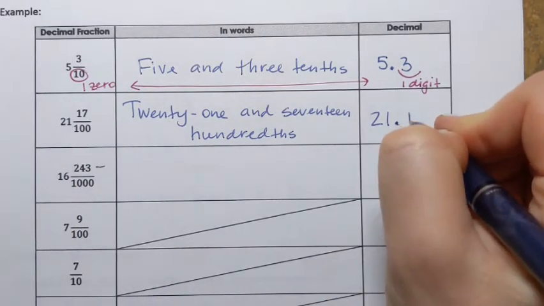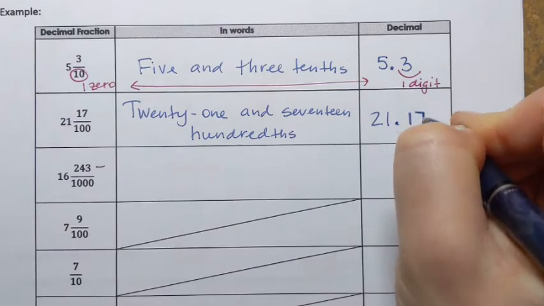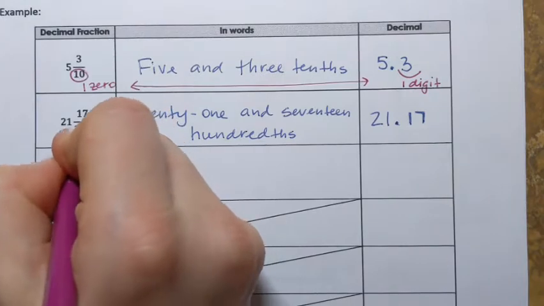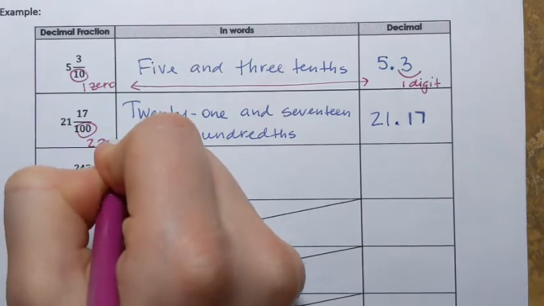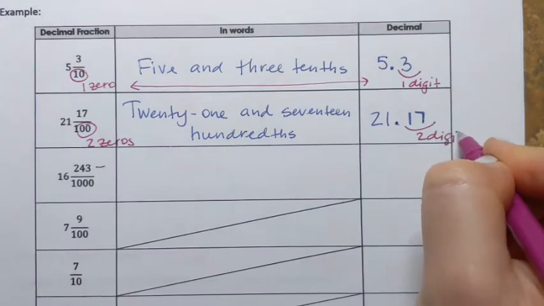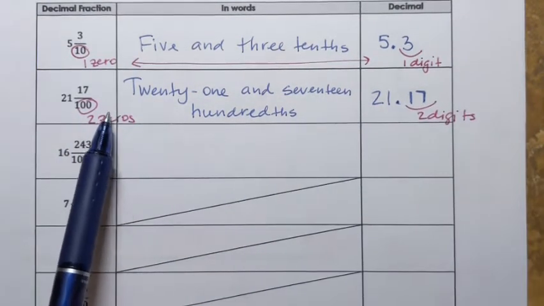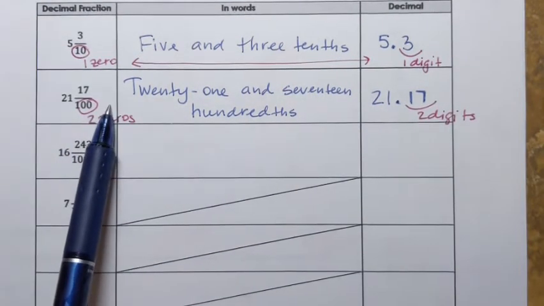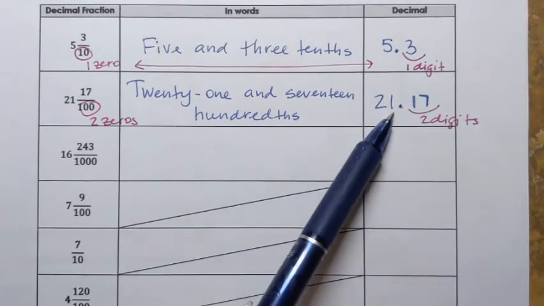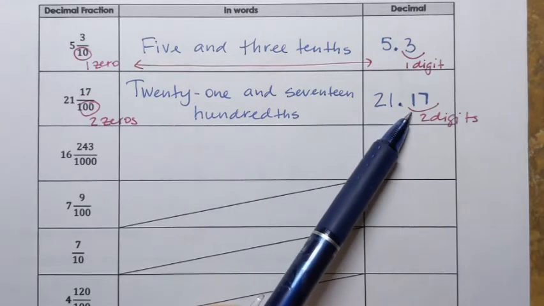Well, if I write 17, then automatically I'll get those 2 digits. And since we knew how to read this decimal fraction, this decimal is going to be read the same way. This is 21 and 17/100ths.